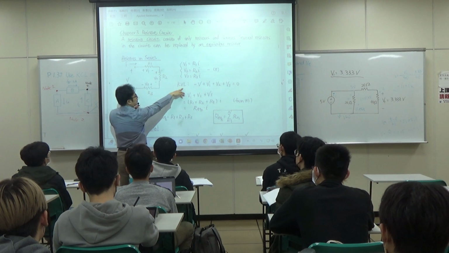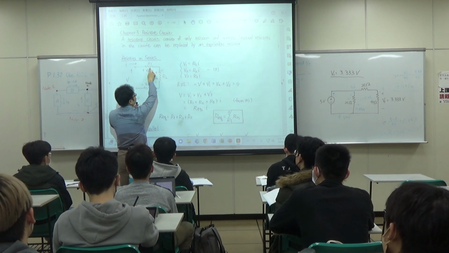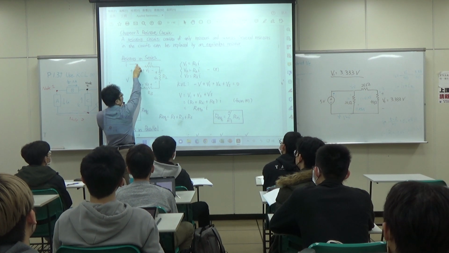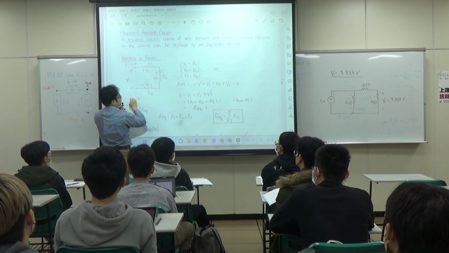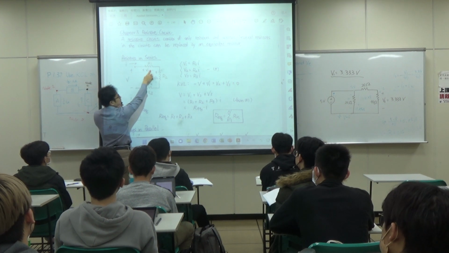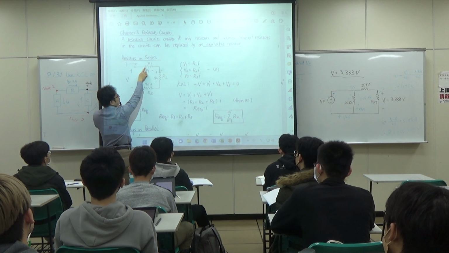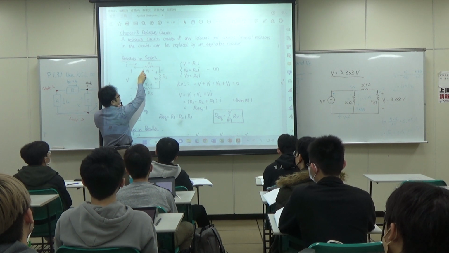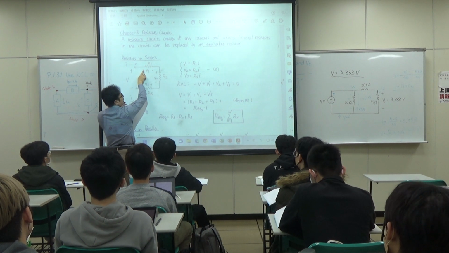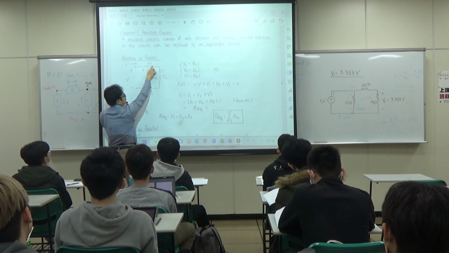And then we also have V1 equals R1I. Suppose there's a current I flowing into these resistors, and they are consuming energy. So automatically you can assign a positive sign here. It's because the current always flows into the positive terminal of a resistor.